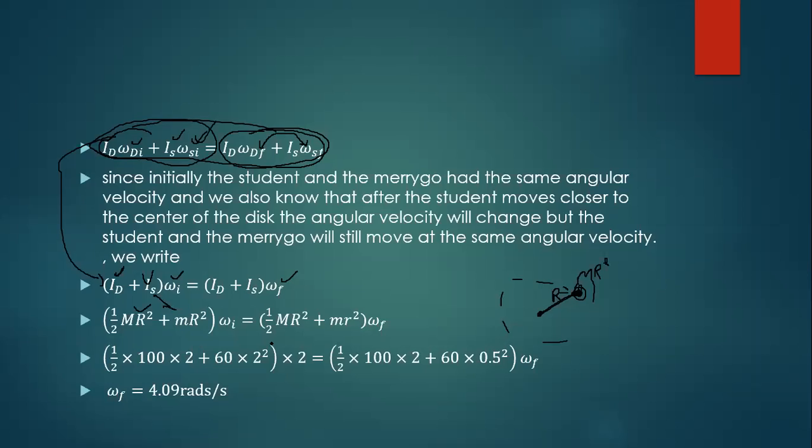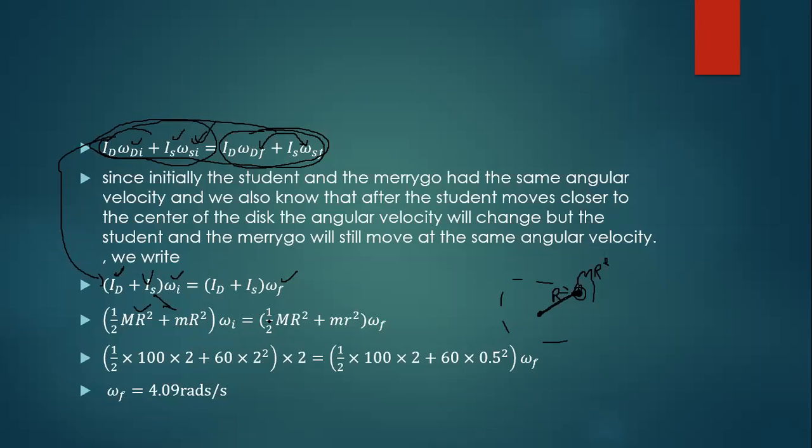So that's how come the moment of inertia for the student is just mr squared. And then we know that since they are connected, they'll have the same angular velocity. But in the final stage, the disk doesn't change the moment of inertia.